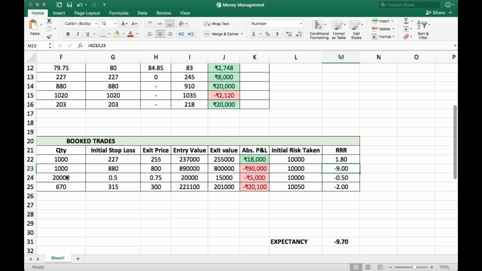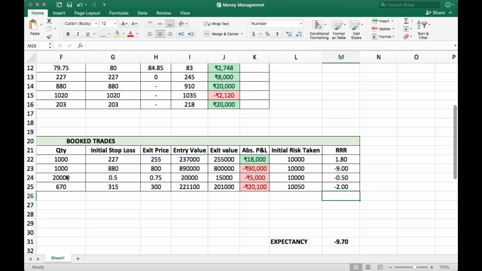So if it's -9, इसका मतलब ये हुआ, when I see a trade like this one, let's say Reliance trade, -9R means you decided to take a risk of 1 rupee, but you took a hit of 9 rupees. What the hell were you doing? Sleeping? You decided to take a risk of 10,000, you book a loss of 90,000. मतलब in one trade, you took a hit of 9 trades. You understand the logic? So this is horrible.